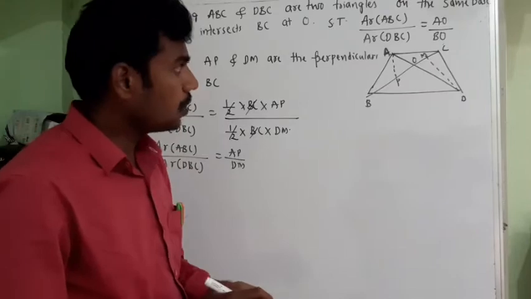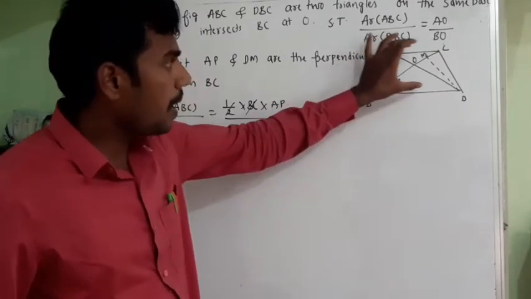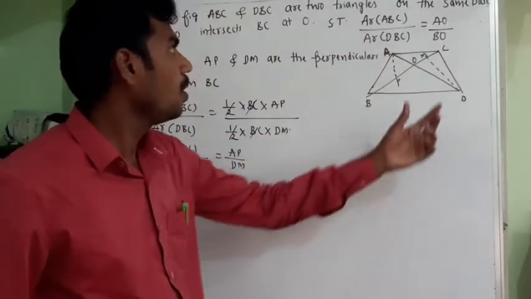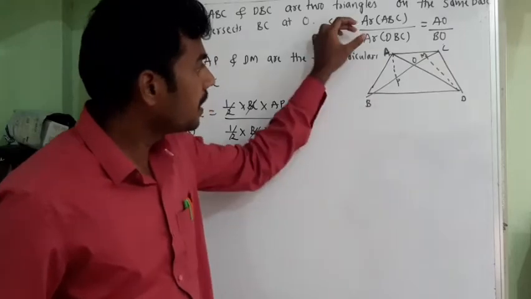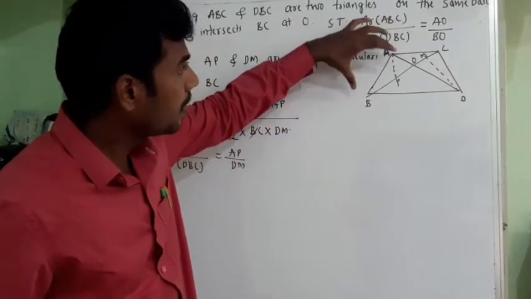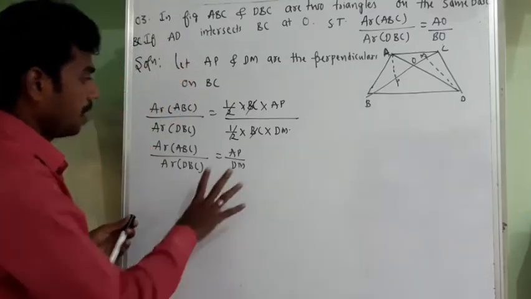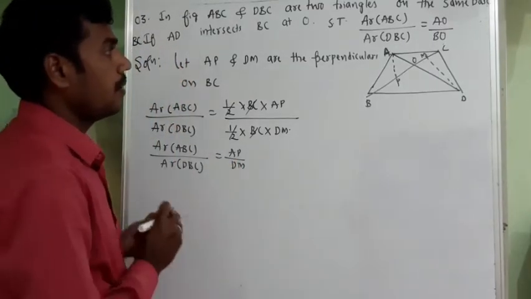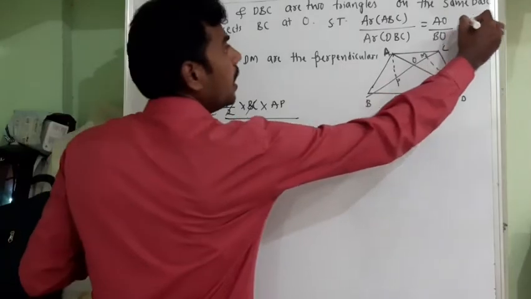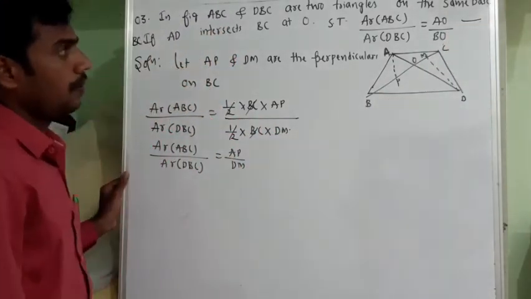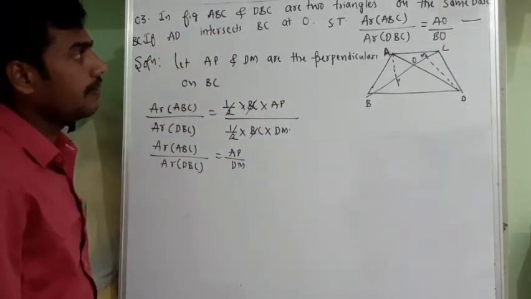If we are able to show AP by DM is equal to AO by DO, then we will get the required proof. So for that, which triangles do we need to consider?